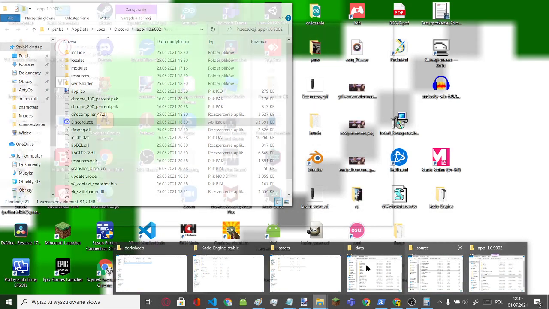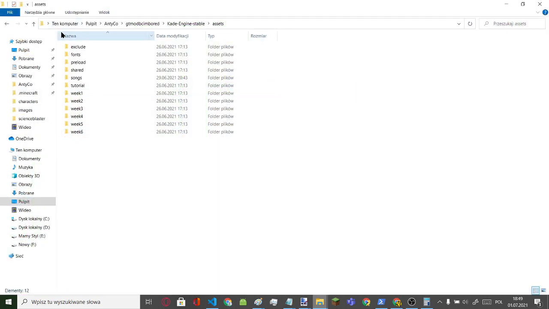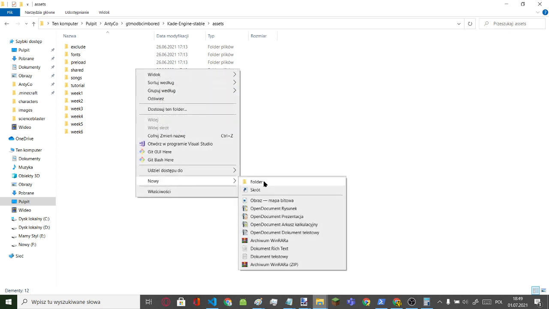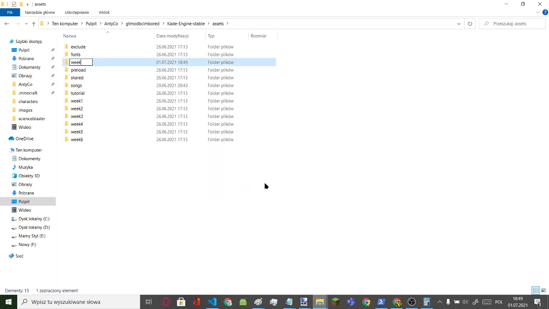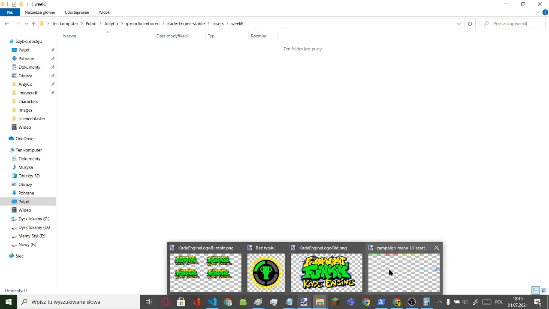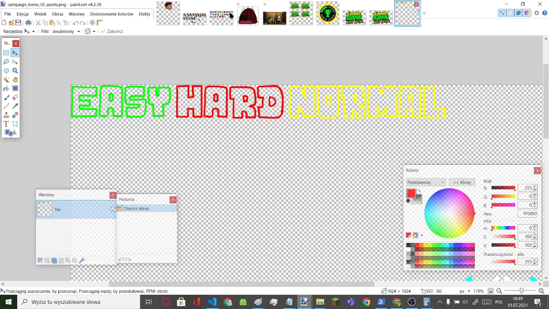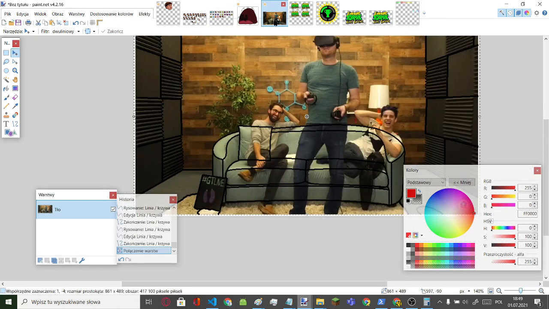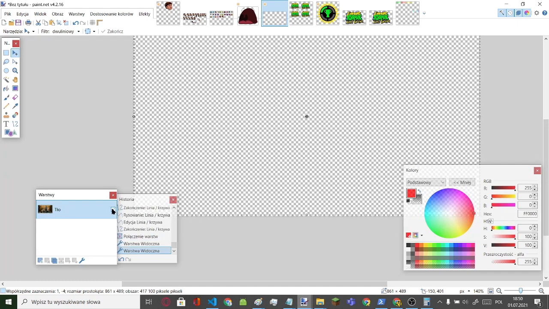Data source assets. Let's name it week 8. And here, what do we have?